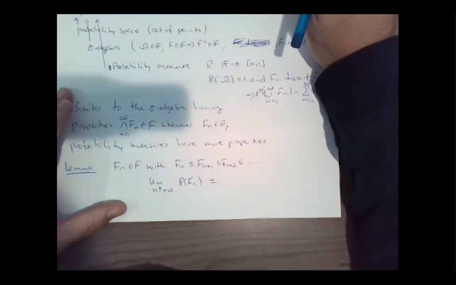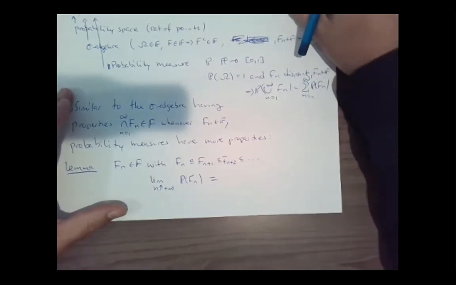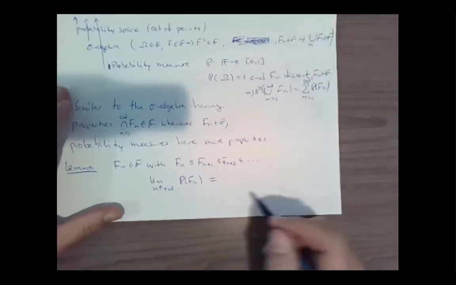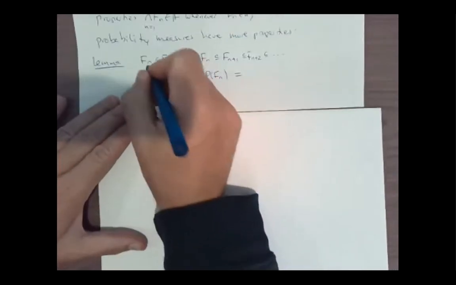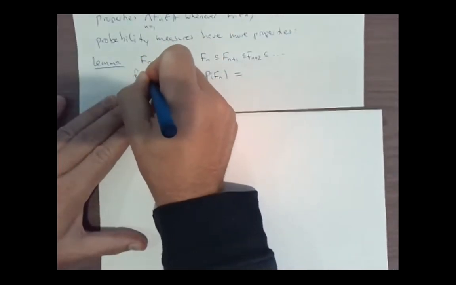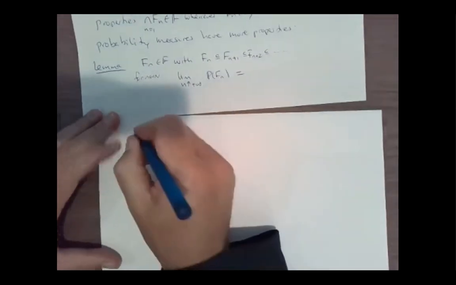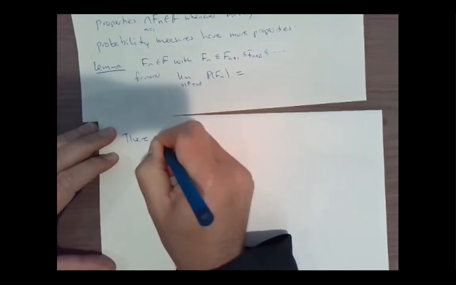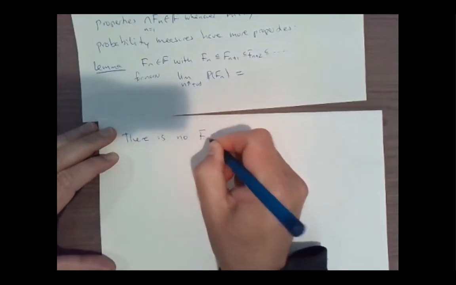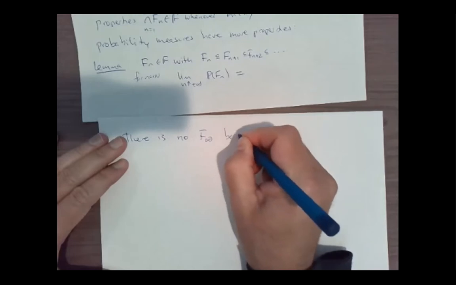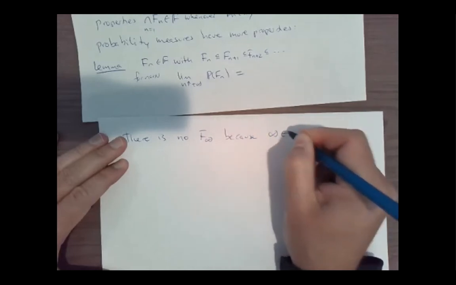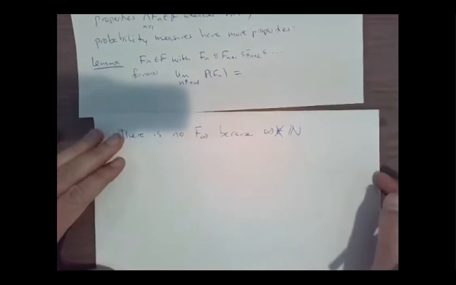Yeah, so the problem is there is no F infinity. If we have Fn in F, this here is for n in the natural numbers. So there's no F infinity because infinity is not an element in the natural numbers, so we cannot do that.